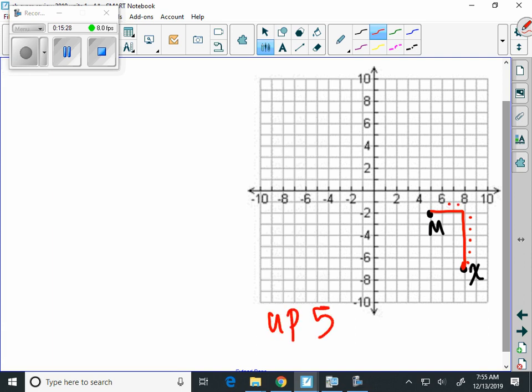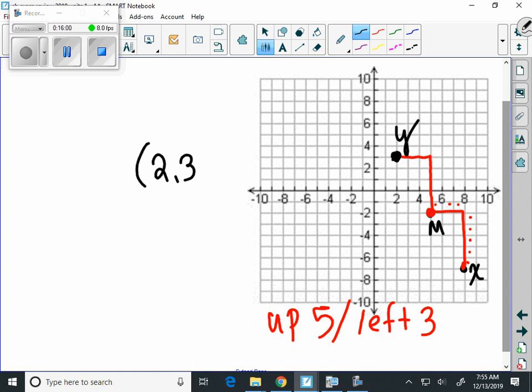And we went left 1, 2, 3. That's our midpoint here. This red point now is the midpoint. So what we're going to do again is go up 1, 2, 3, 4, 5, and left 3. 1, 2, 3. And this point here is our value of Y, and that ordered pair is 2, 3.